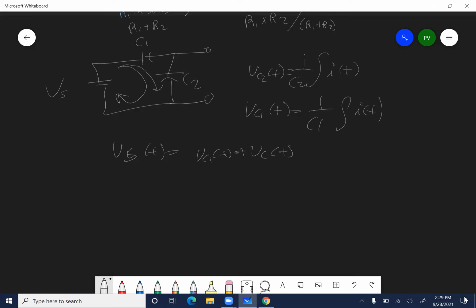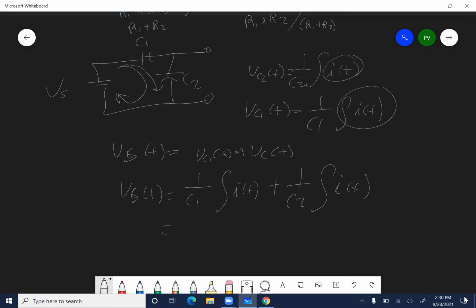So what that tells me is that this current here, I of T, is the same in both cases. So I can make that substitution: 1 over C1 integral of I of T plus 1 over C2 integral of I of T.